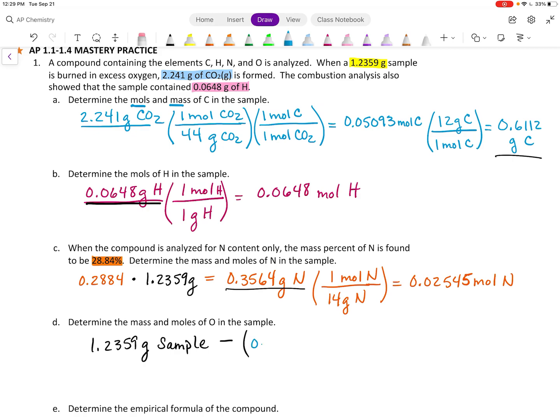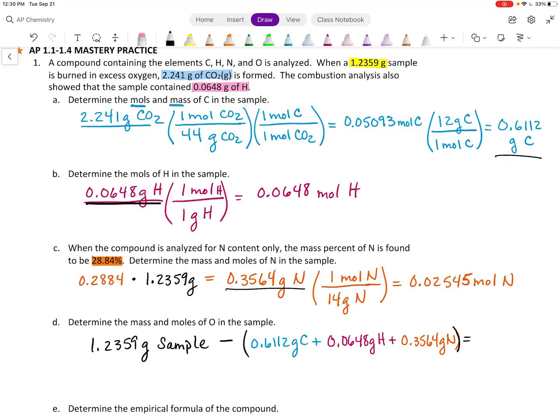So we're going to have 0.6112 grams of carbon plus 0.0648 grams of hydrogen plus 0.3564 grams of nitrogen, and the only thing left is going to be how much oxygen we had.